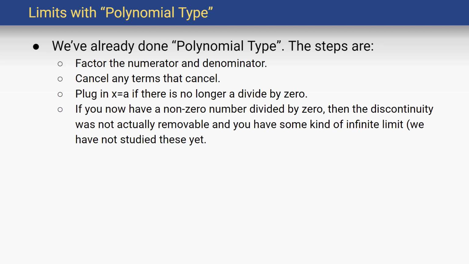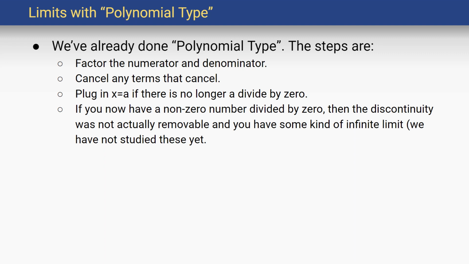Now, if you still can't plug in x equals a after you cancel everything that cancels, then maybe you did not have a removable discontinuity in the first place. Maybe you're looking at some kind of infinite limit, okay, which we haven't studied yet. So hopefully it shouldn't be happening to you too often.